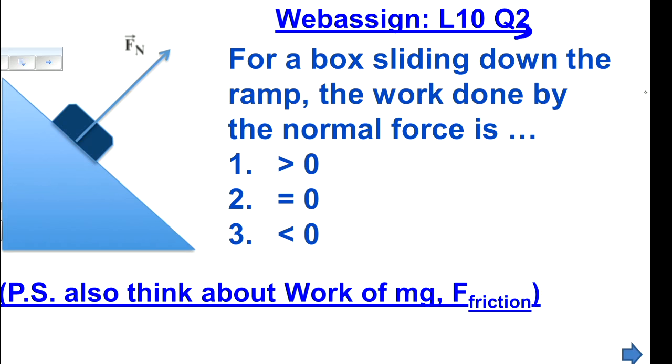So again, initial location is here. It slides down. So you should draw the new location in a second or a half of a second. You should draw a vector which represents the displacement. You should show the angle between the normal force and the displacement. Take a picture. Re-enter your answer. Now it's question number 3.